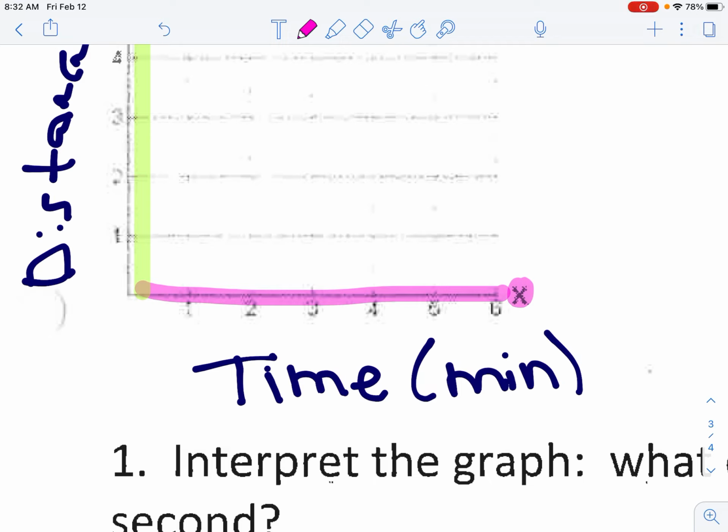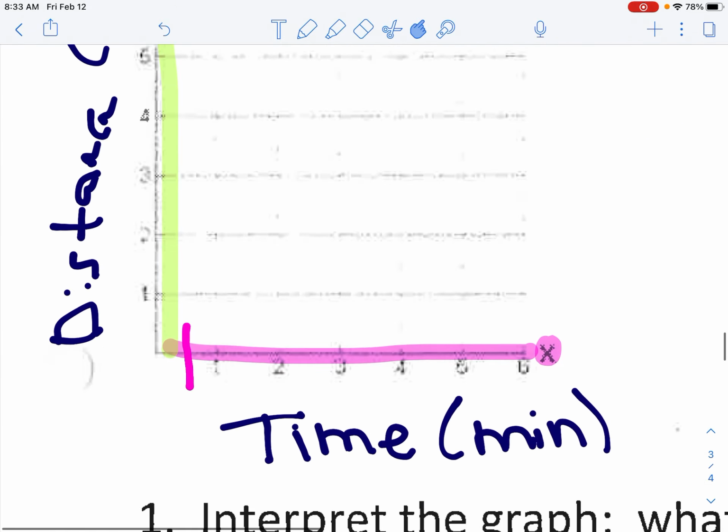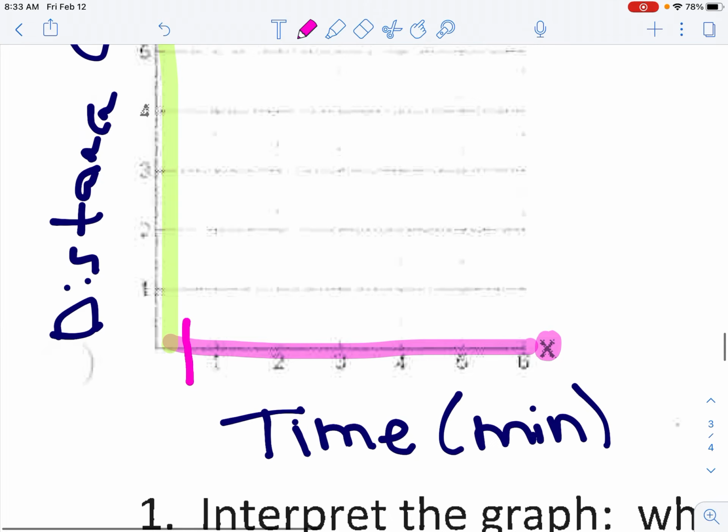So 1/2 is going to be halfway between 0 and 1. So 1/2 is going to be about right here. Now my y-coordinate was 1/4. So 1/4 is going to be way down here at the bottom. So where those 2 points meet is going to be about the first point on my graph.